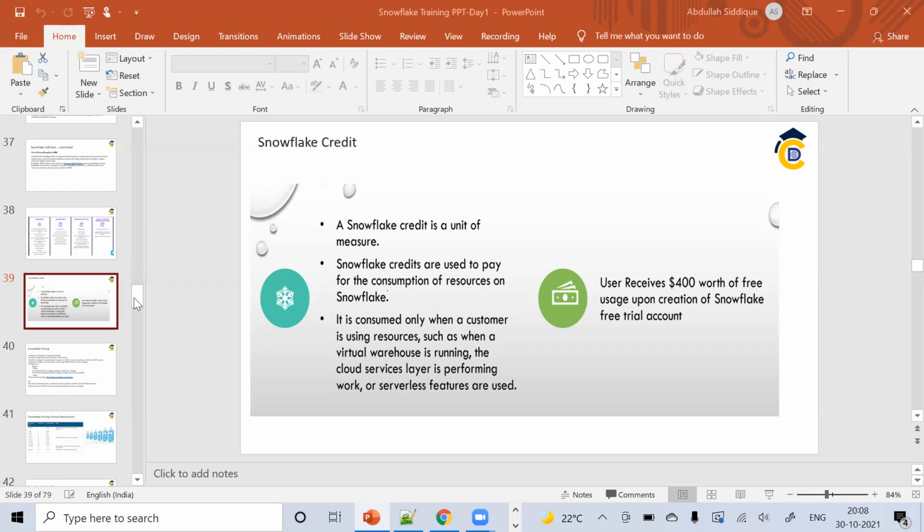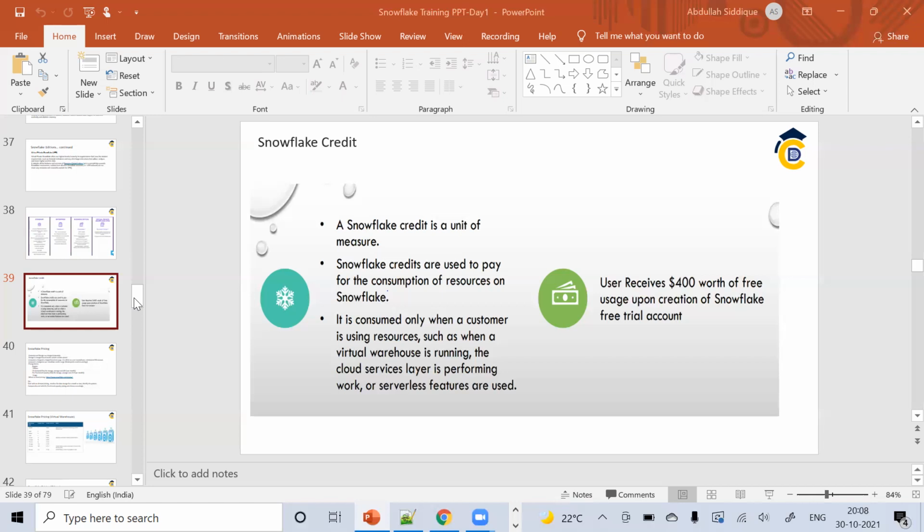Say for example, you are using their resources for 10 minutes, you will be charged for 10 minutes. Once you stop using it, you will not be charged for it anymore. That is a general pricing model which cloud services basically come with.